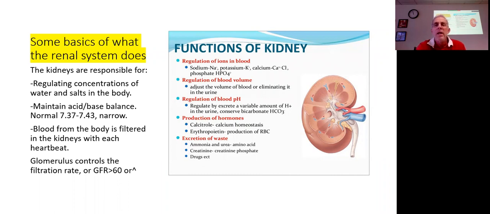So here are some functions again: regulating your ions within the blood, that would be certain elements like potassium and sodium; blood volume, maintaining a certain volume in the bloodstream and eliminating urine in the process; regulating pH; production of certain hormones like calcitonin and erythropoietin.